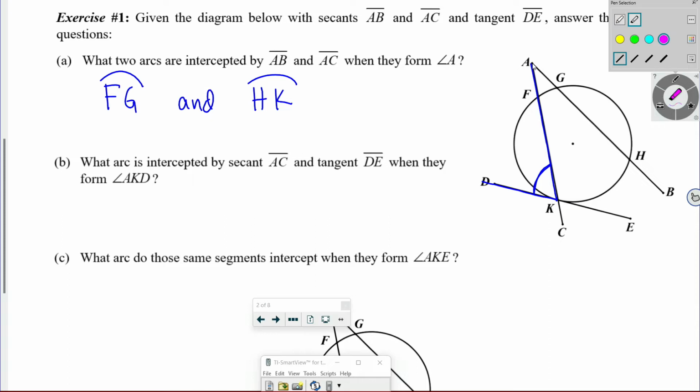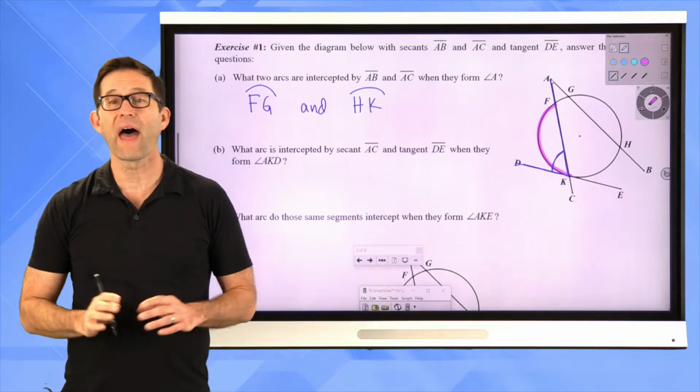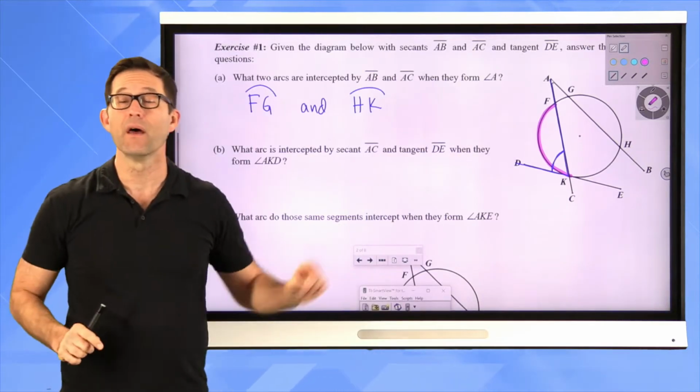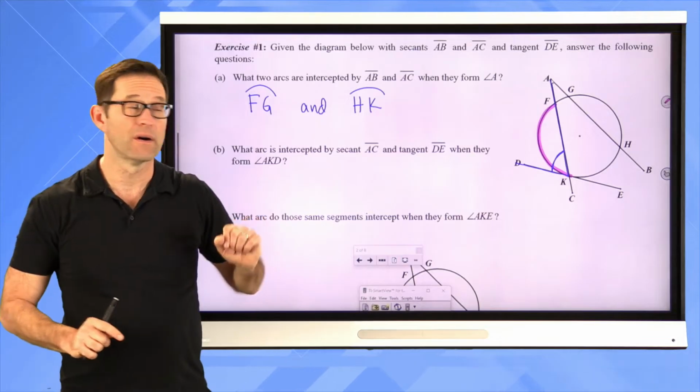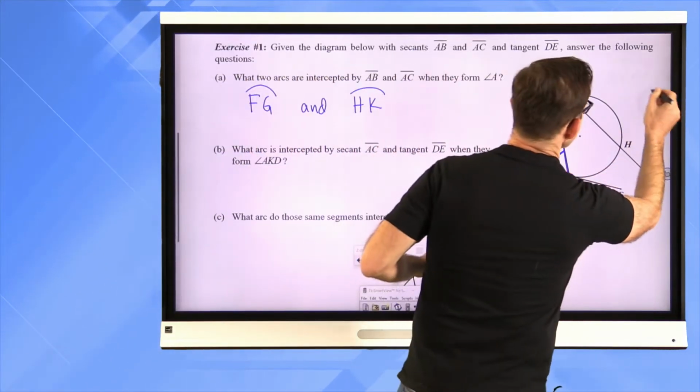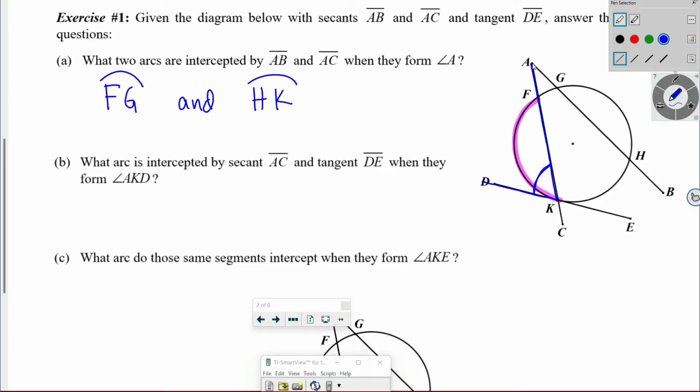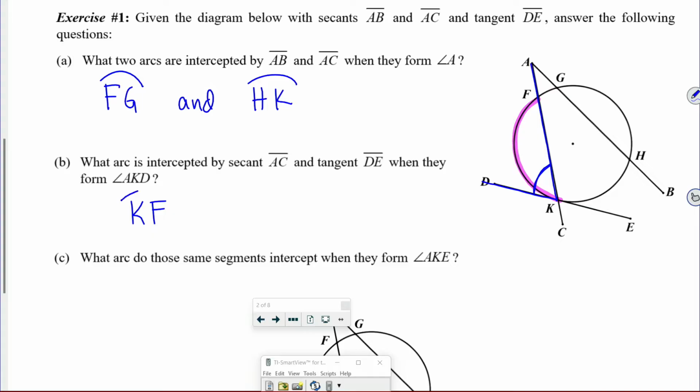So the arc here is going to be the arc that goes from point F down to point K. That arc is intercepted by that angle. So we can say arc KF or FK, either way. So let's go with arc KF.